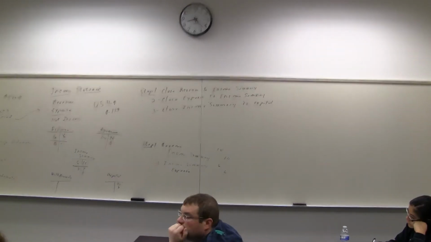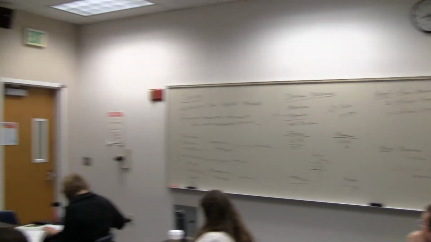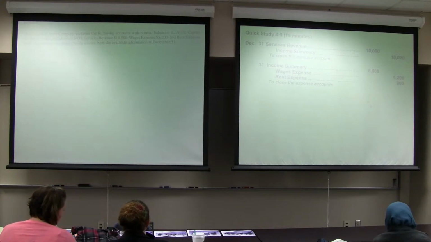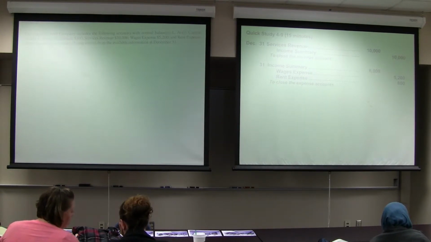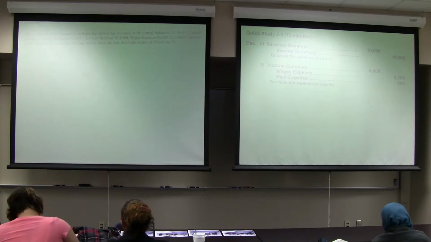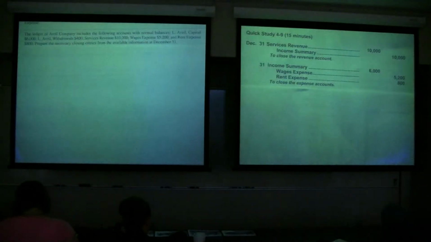So now what you want to do is close the income summary to the capital account. So find the balance in the income summary and then make the transfer. What you're doing is upping the capital account by the net income.